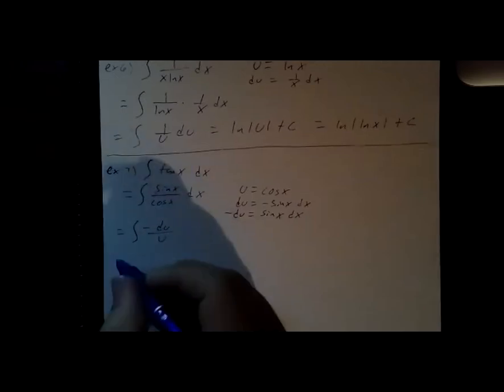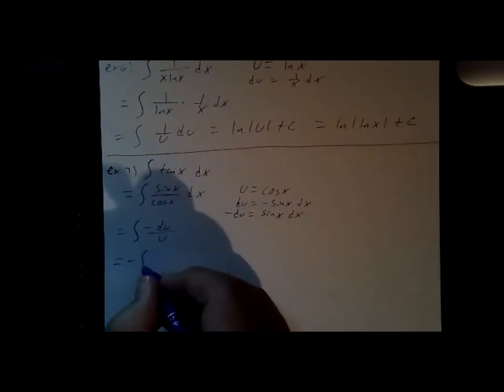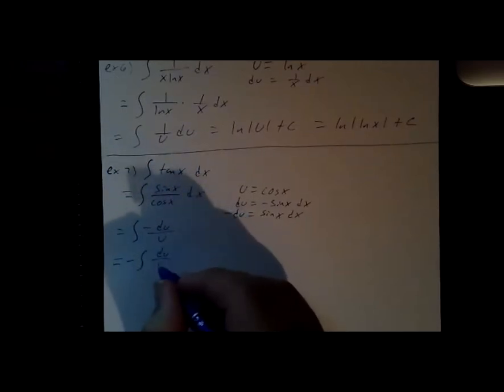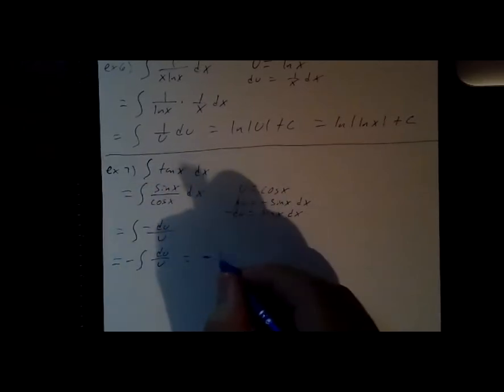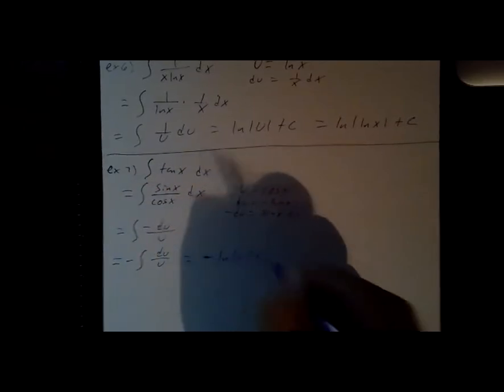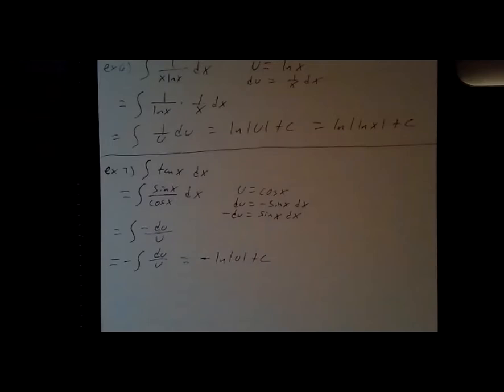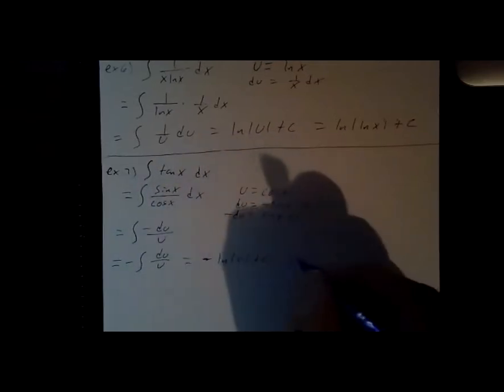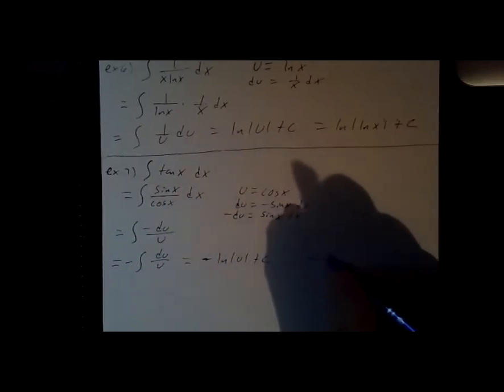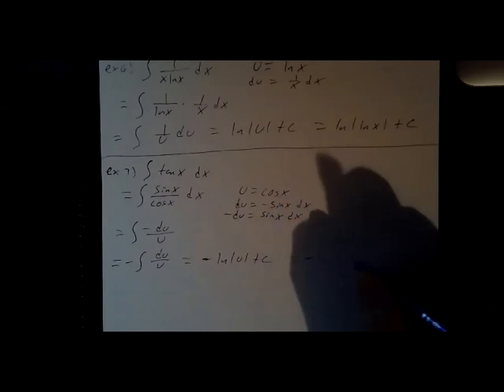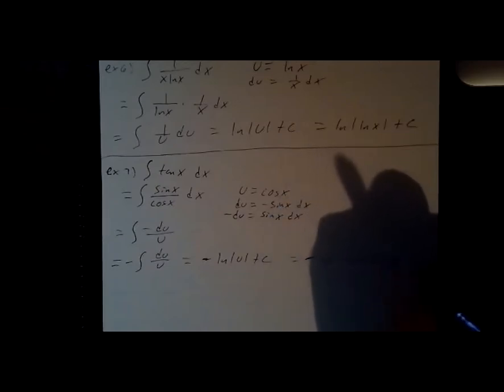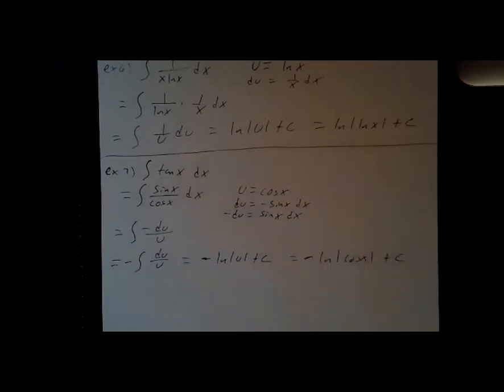So just pull out the minus in front. And this will be negative ln of u, right? Which is negative ln of cosine. Are there any questions about this problem here?